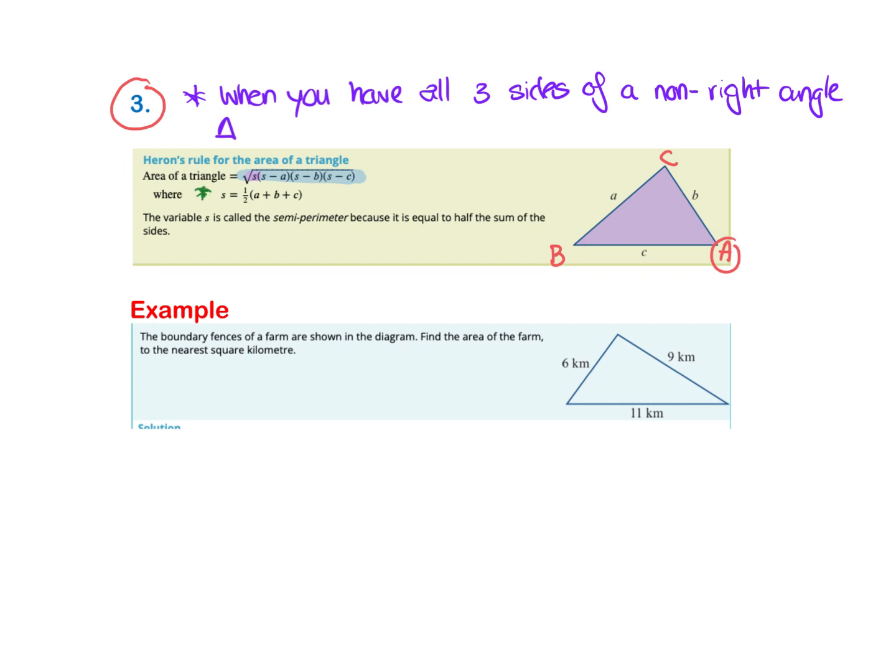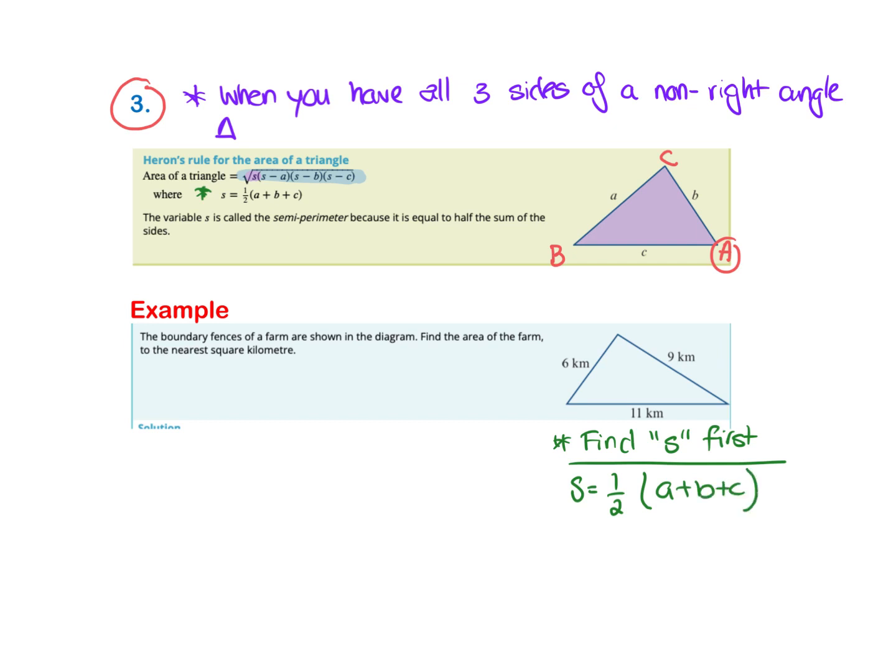So for this example, it says the boundary fences of a farm are shown. Find the area of the farm to the nearest square metre. So first we're going to find S. S's formula is a half times all the other sides added up.